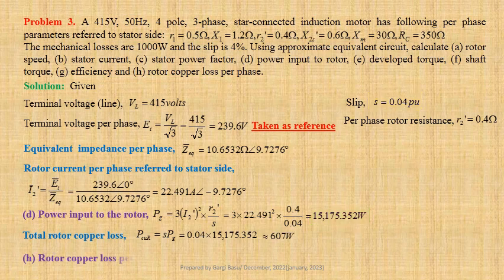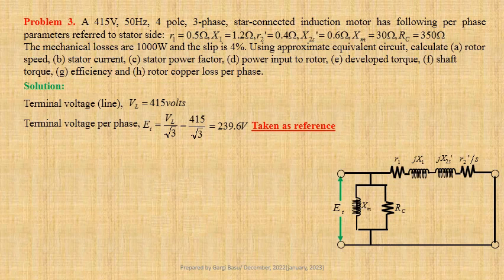Rotor copper loss per phase equals 1/3 of P copper R, that is equal to 1/3 of 607, which is approximately equal to 202.3333 watt. Let us now calculate per phase working component of no load current.